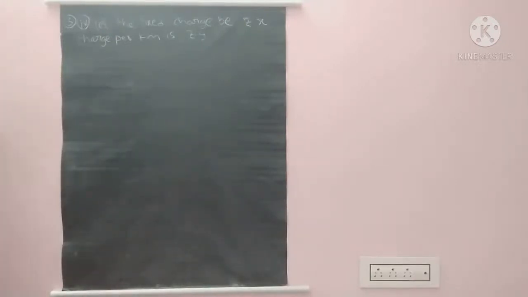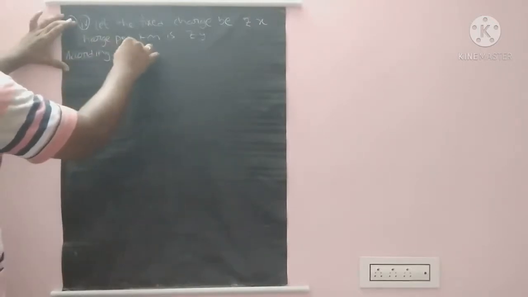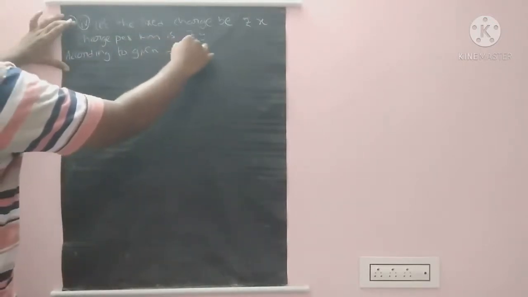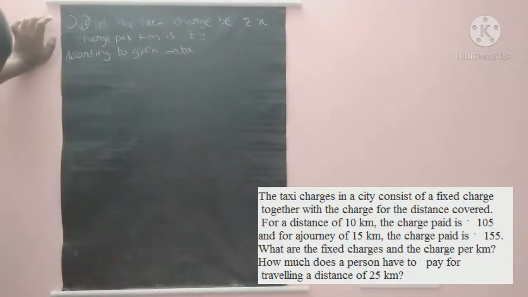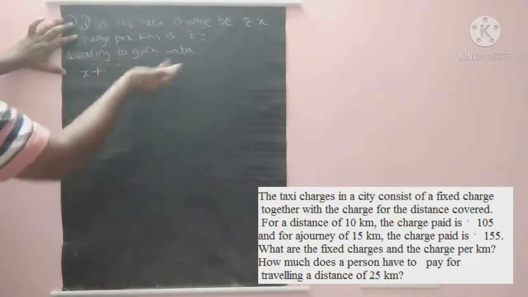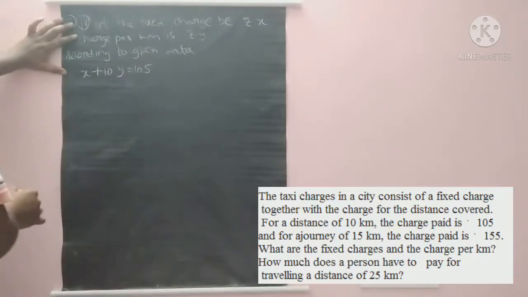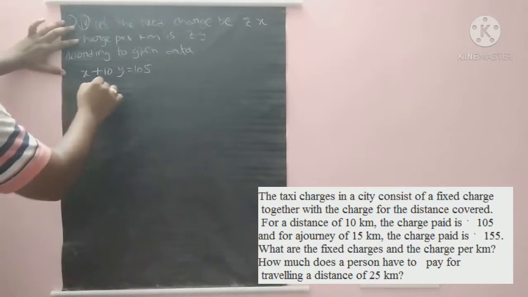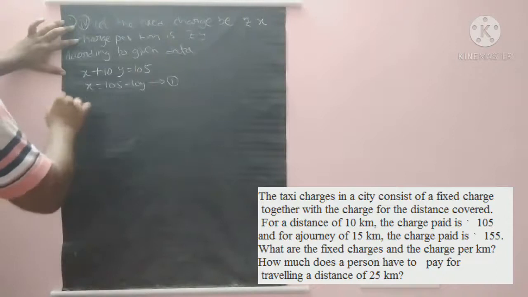So according to the given information, we can write the charge for traveling 10 kilometers. She paid 105 rupees. That means the fixed charge plus the charge for 10 kilometers, 10 into y, is 105. From this we can write x equals 105 minus 10y, let it be 1.